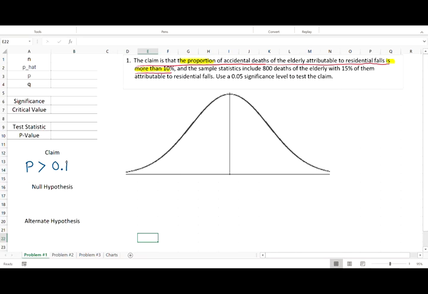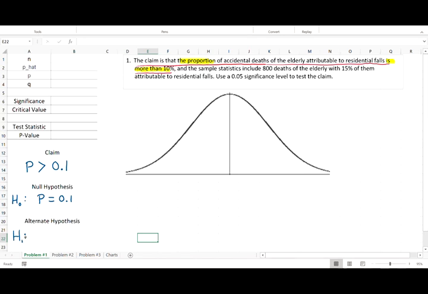Okay, so once we have our claim, now we can establish the null and alternate hypotheses. Now remember, the null hypothesis is always a statement of equality. So let's use the symbol. The null hypothesis, H0, is population proportion is equal to 0.1, and the alternate hypothesis, H1, and some books use a little a instead of the 1, but I'll use H1.